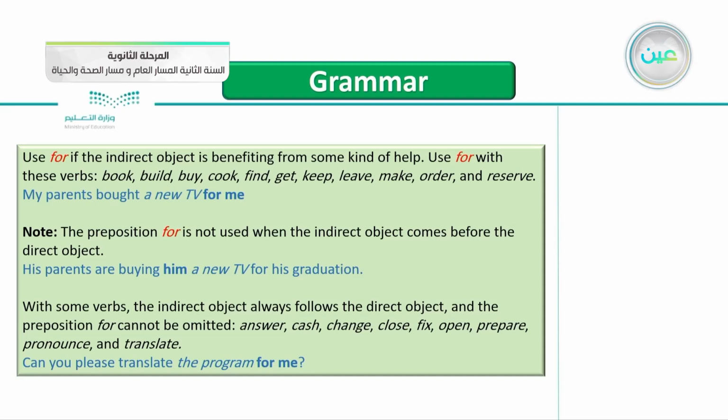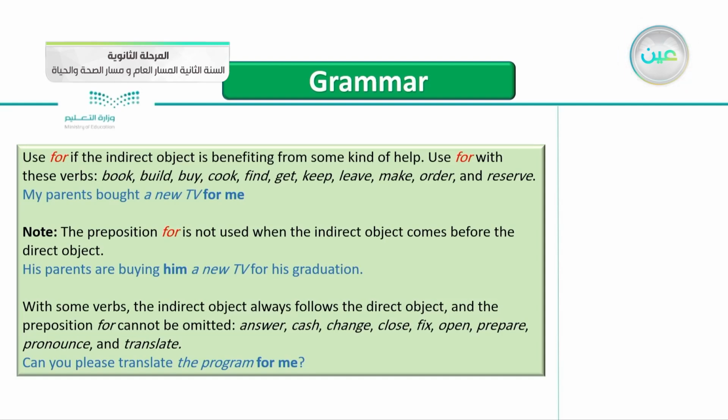With some verbs, the indirect object always follows the direct object, and the preposition for cannot be omitted. We cannot remove it, like answer, cash, change, close, fix, open, prepare, pronounce, and translate.